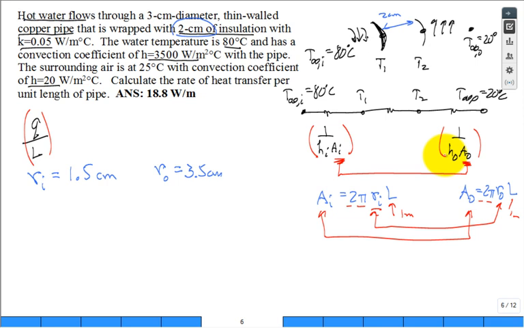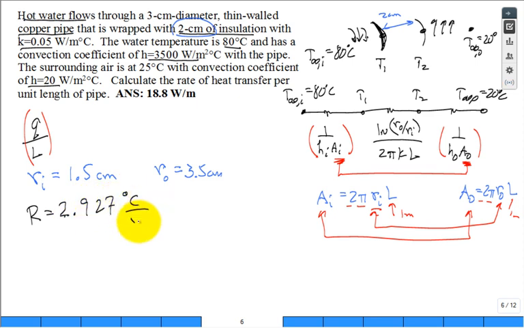Okay, now this one was our natural log of r outer divided by r inner, divided by 2 pi KL. Again, pick L, that will be 1 meter. And what we find is that you get an overall R of 2.927 degrees C per watt.